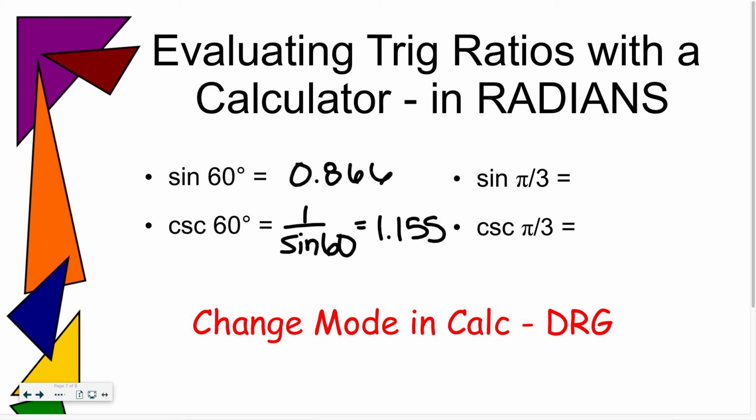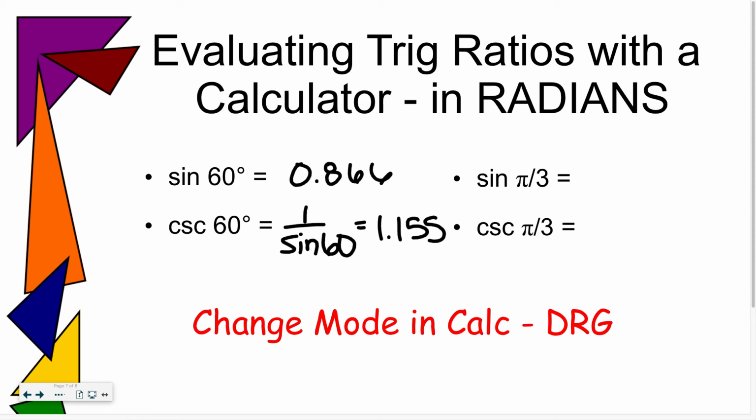If you don't have that, you might have a mode button, and you would want to check in your mode if you can change from degrees to radians somewhere, like in the angle measure. Okay, so change your calculator's mode now to be in radians, and then do sine pi over 3 and cosecant pi over 3. You should get the same two answers we just got. That's how you know you're right. Let me know if you're having trouble finding your mode or your change of degrees and radians.